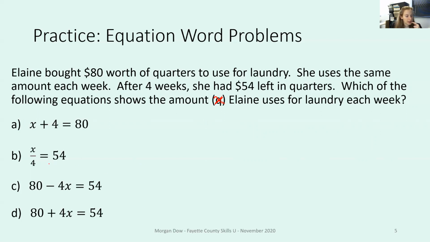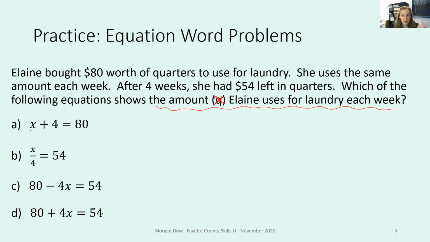So let's take a second to go through each of these answer choices and see if they make sense. Choice A says X. So remember, X is the amount she uses for laundry each week.